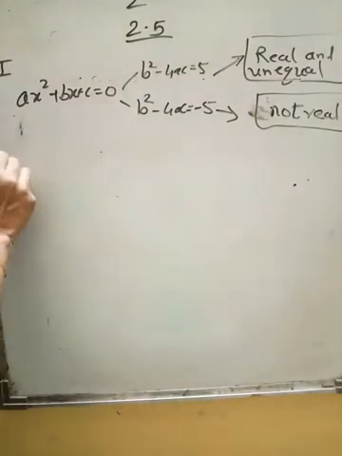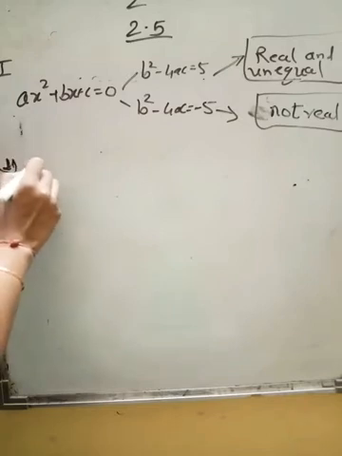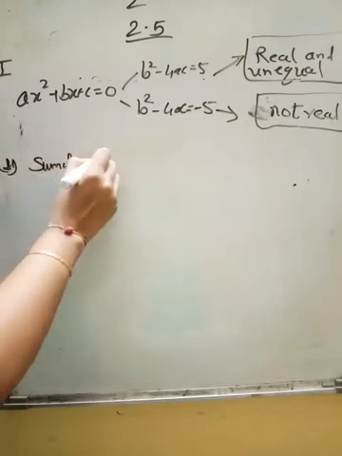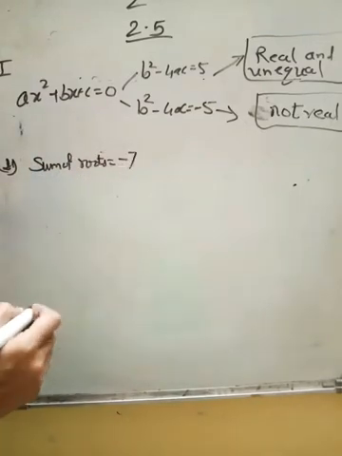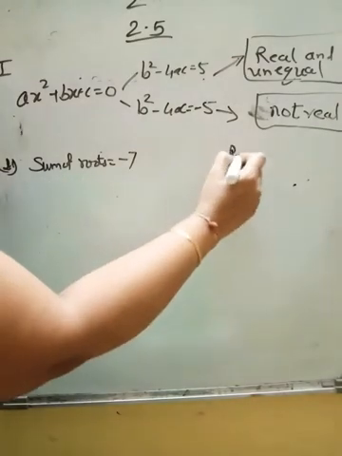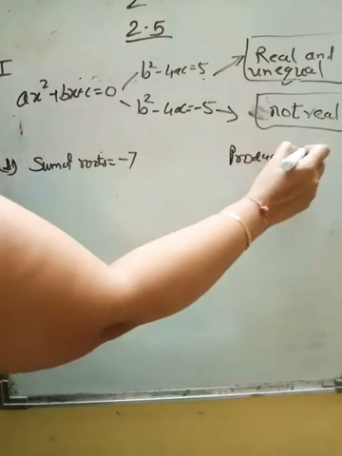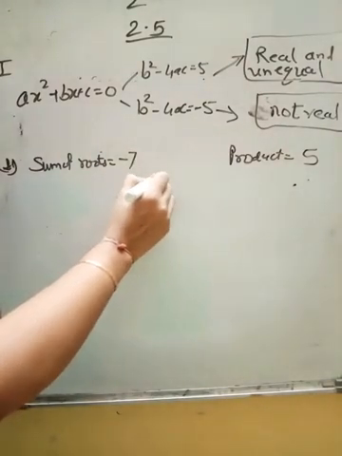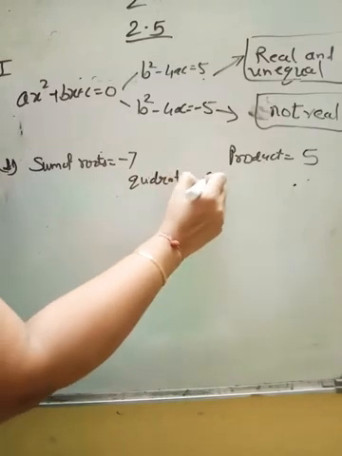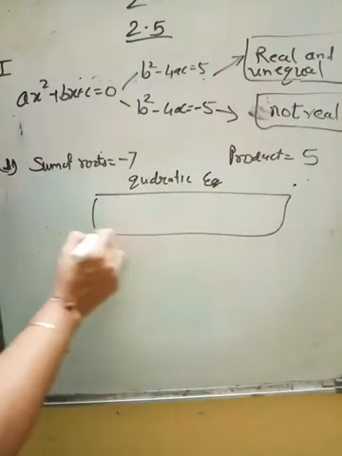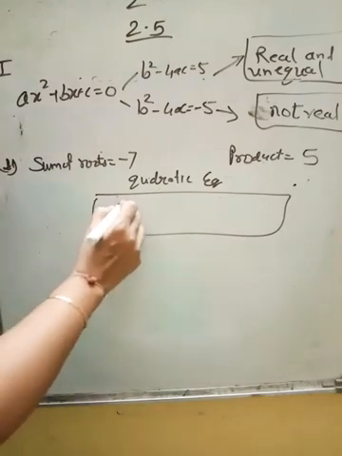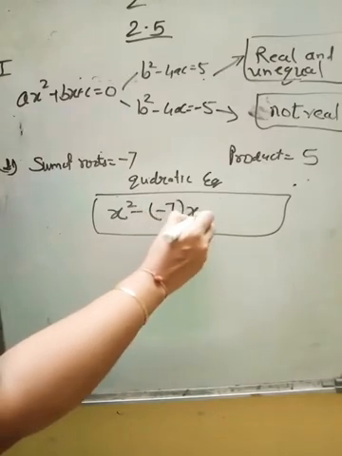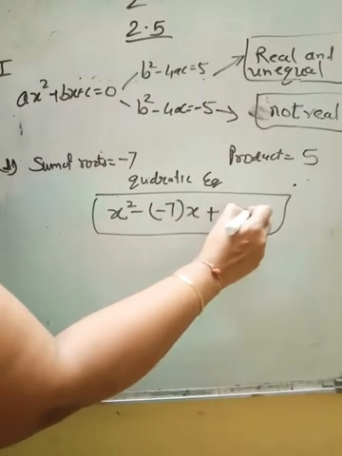Second question. The sum of the roots is minus 7 and the product is 5. So you are supposed to write down the quadratic equation. What will be the quadratic equation? What is the formula? x square minus sum of the roots into x plus product of the roots equal to 0.